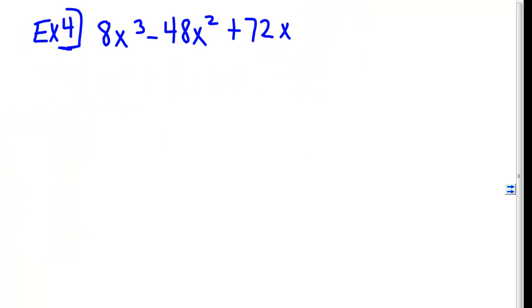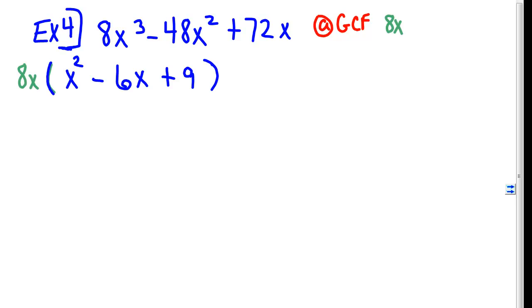Example 4. 8x cubed minus 48x squared plus 72x. Again, I look for my GCF first. And the GCF is 8x. So we pull 8x out of the expression, and we now have 8x times x squared minus 6x plus 9. In the parentheses, we look to see if that is a difference of two squares, and it is not.